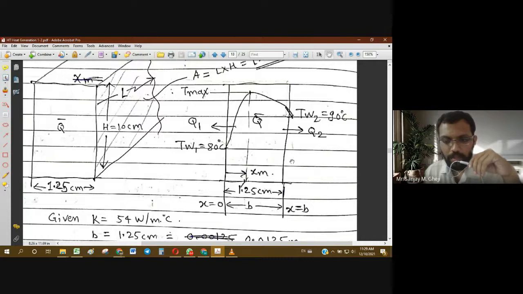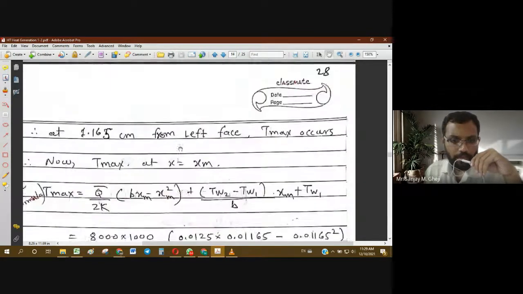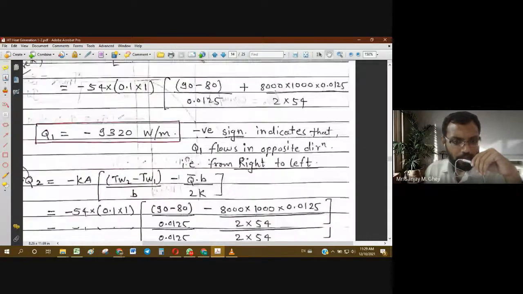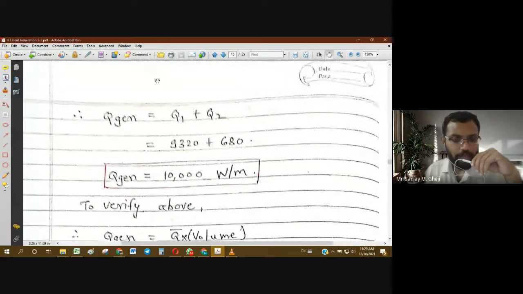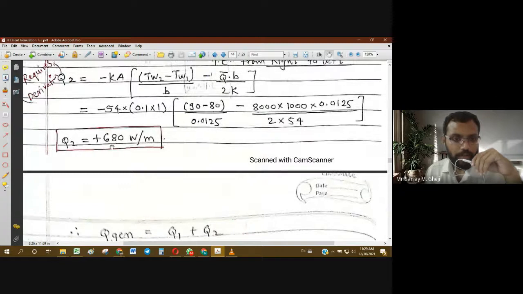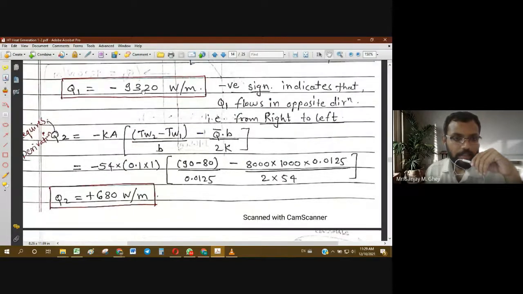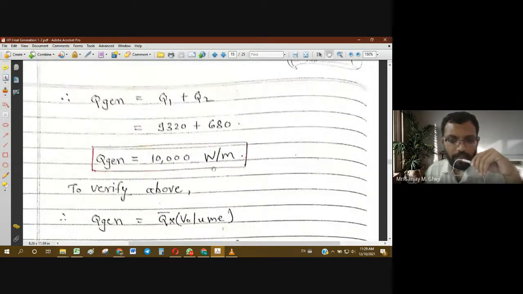Right direction is the positive direction of x. That is why it is positive. So when you add Q1 and Q2 together, only quantities will be added, not with sign. 680 plus 9320, you get 10,000 watt per meter.